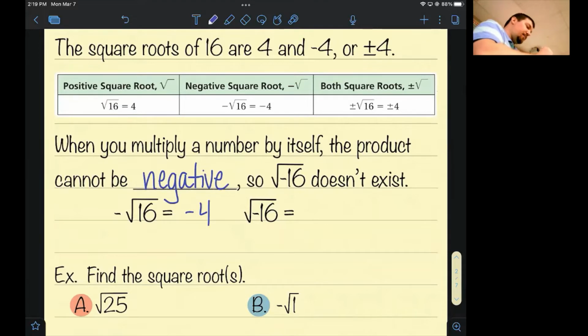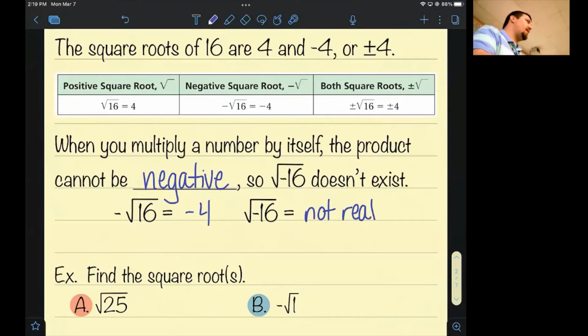That's because that number is not real. Can you think of a number that when you times it by itself gives you -16? Does 4 times 4 give you -16? Does -4 times -4 give you -16? No. The only way I can get -16 is if I multiply 4 and -4.